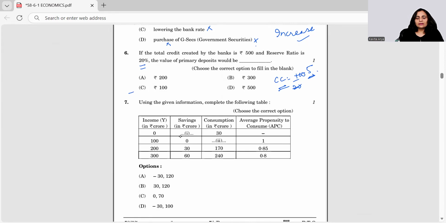So total credit is equal to the initial deposit, that is X, multiplied by the multiplier. So what would it give you here? Dash multiplied by 5 is equal to 500. So that is equal to 100. 100 multiplied by 5 gives you 500, right? So move ahead.